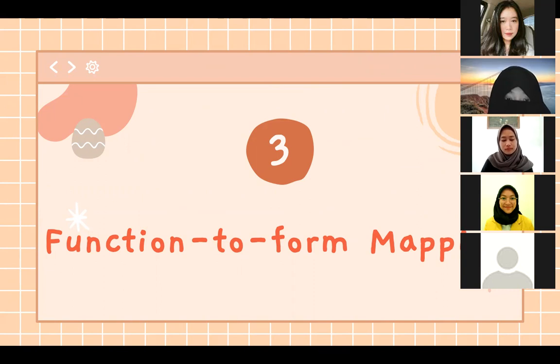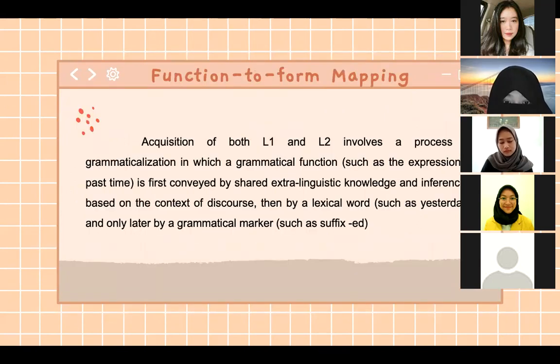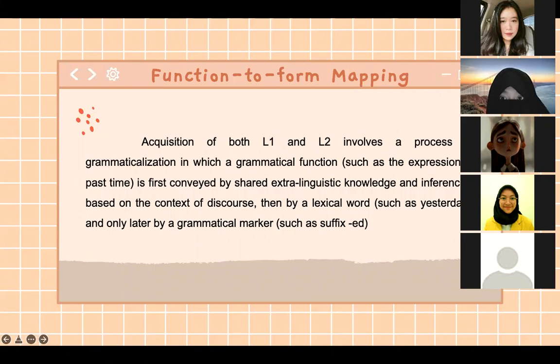So here, function to form mapping. Acquisition of both L1 and L2 involves a process of grammaticalization in which a grammatical function, such as the expression of past time, is first conveyed by shared extralinguistic knowledge and inferencing based on the context of discourse, then by a lexical word such as yesterday, and only later by a grammatical marker such as suffix ed.